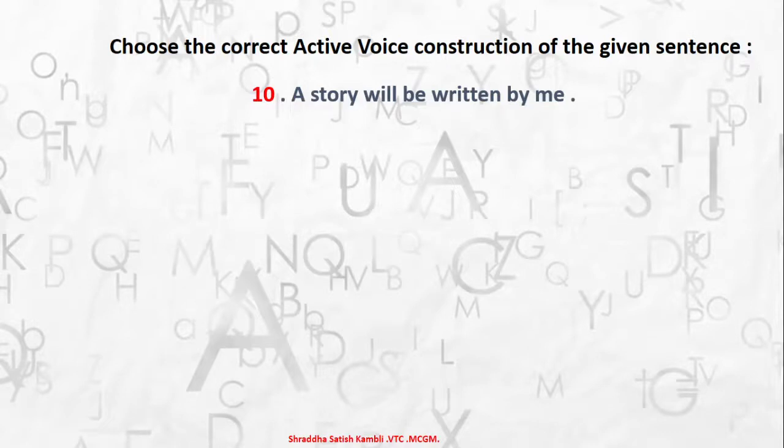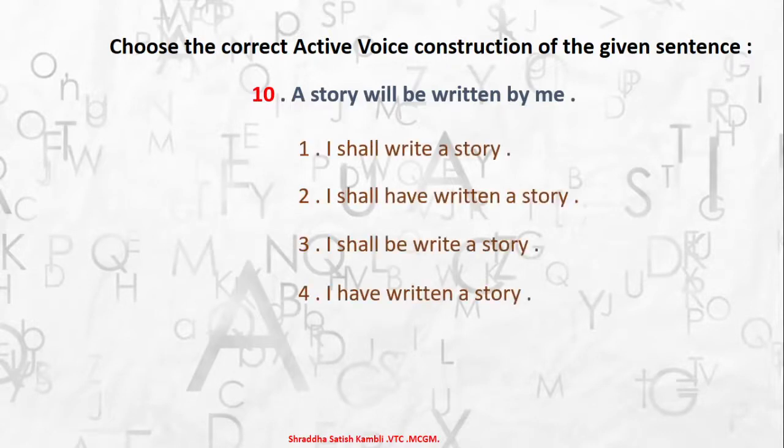So, what will you say for this in the passive voice? I shall write a story. I shall have written a story. I shall be write a story. I have written a story.